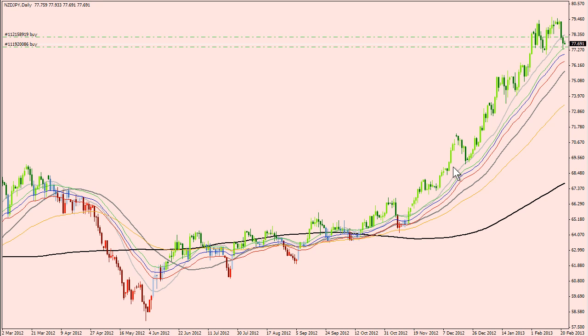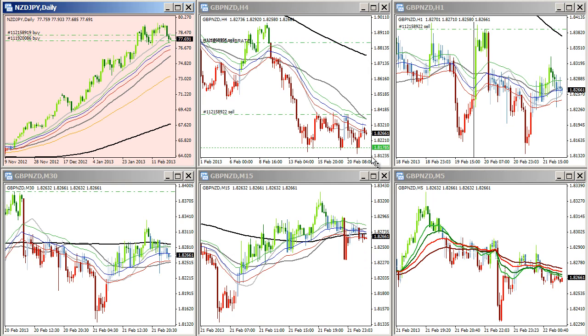Okay? So, do I want to fight the up escalator here on the Kiwi yen? Not even a little. What I'd rather focus on is the fact that the bulls are in charge, the Kiwi is the strength play here, the yen is the weakness play here, and that would lead me to do a couple things. One, once I say the market has directional bias, I want to identify if it's up or down easily.